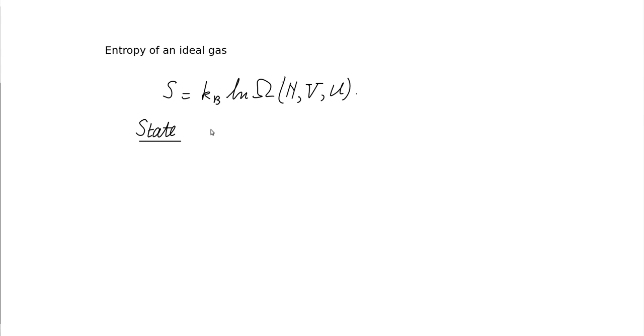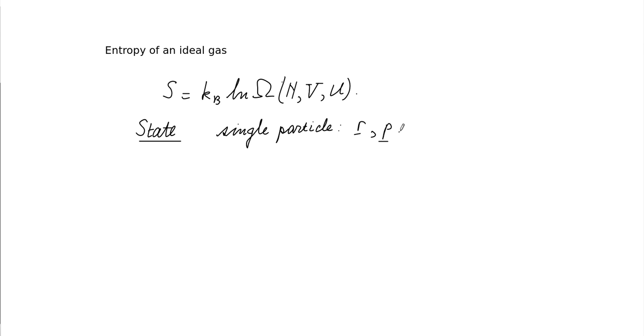Well, if we have a single particle running around in some volume, then its state is given by its position and its momentum. So for a single particle, we have r and p, and that already poses a big problem because these are continuous variables and it's very hard to count states described by continuous parameters.